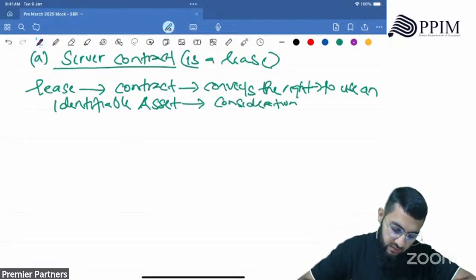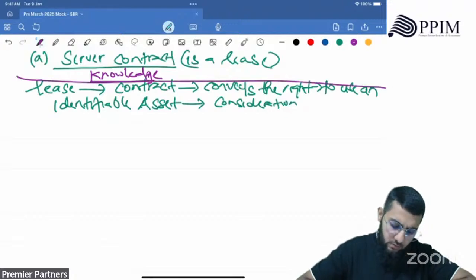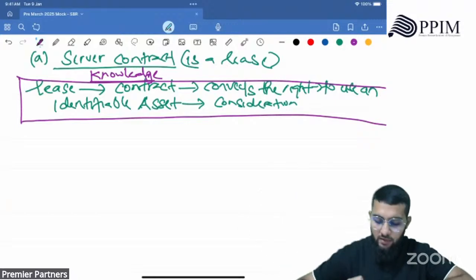That's the knowledge part. Okay, still we are going ahead with knowledge, so I'll continue with purple since we maintain that color coding.